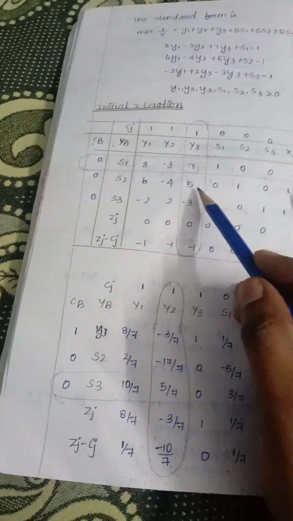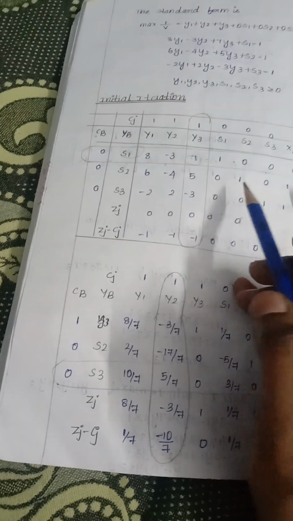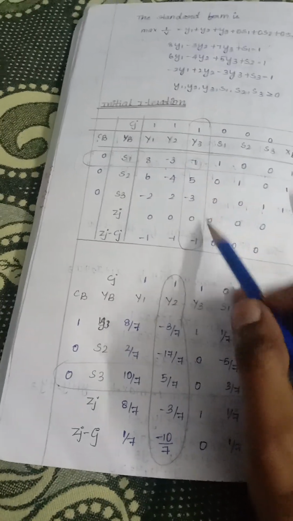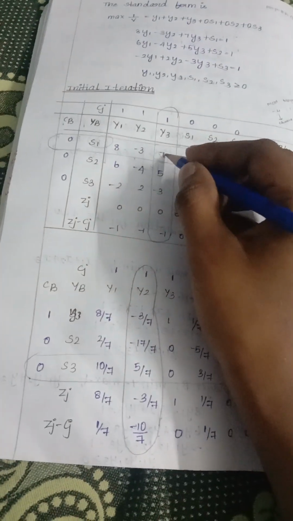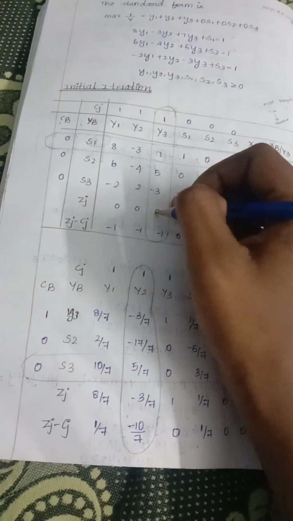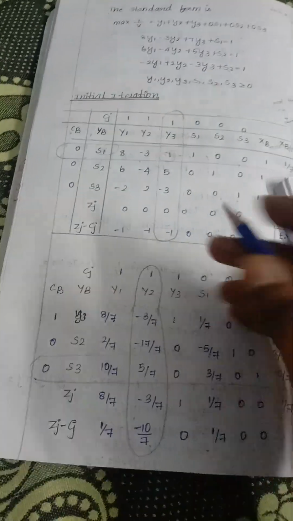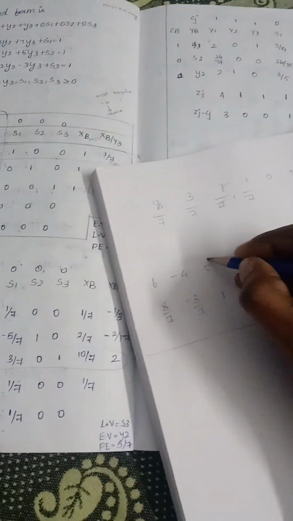We have to convert these terms to 0, because the pivot element is changed to 1 and the respective column is changed to 0. So here 5 is converted into 0.